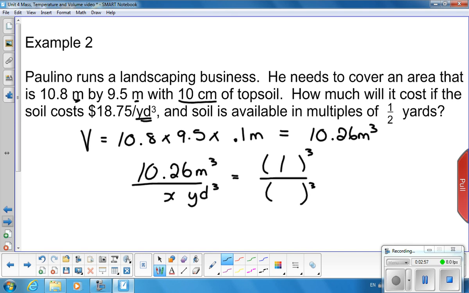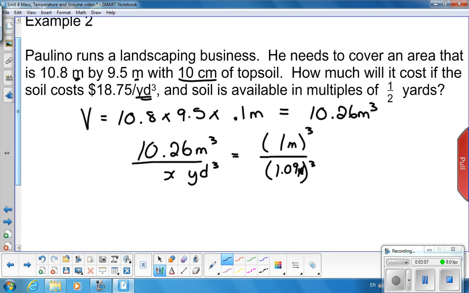So I know that 1 meter is 1.09 yards, and so I need to cube both of those numbers. Cubing 1.09 and then multiplying by 10.26 gives me a total of 13.3 yards.